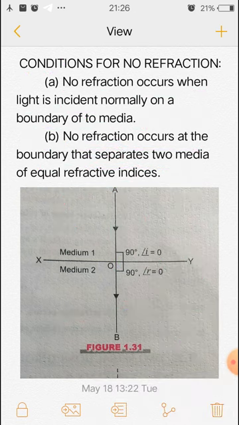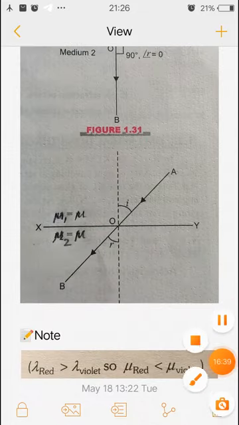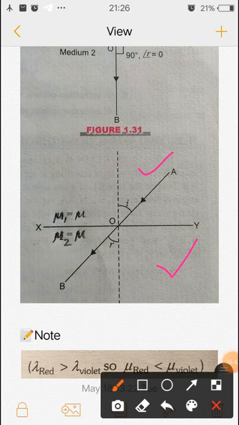This is the first figure and this is the second figure.